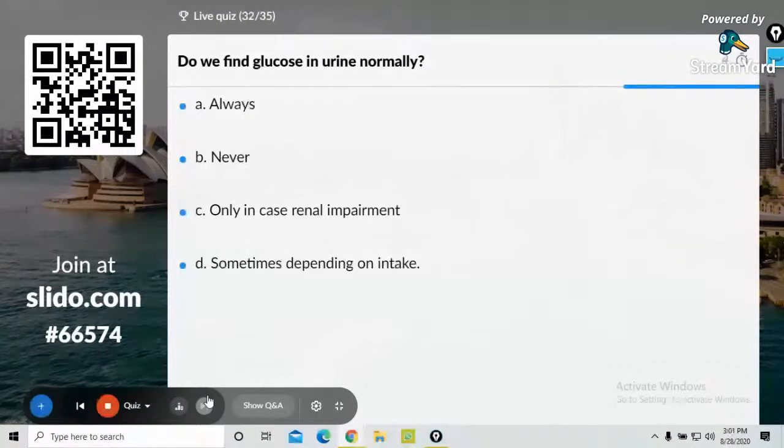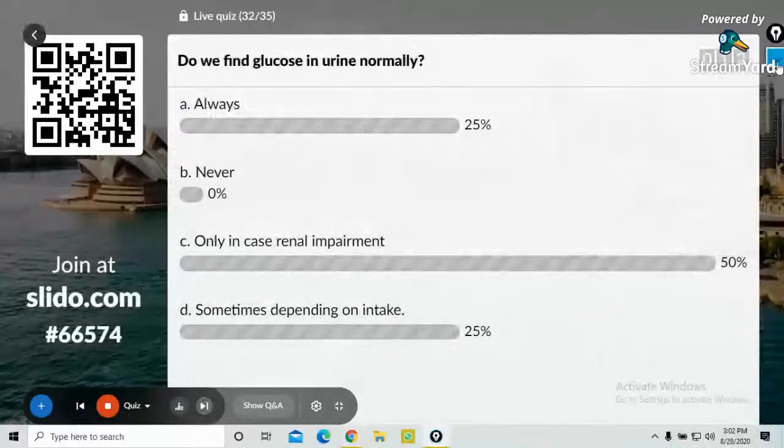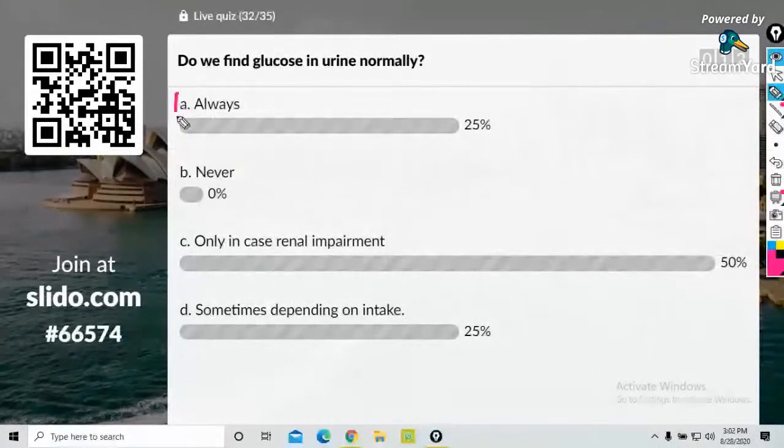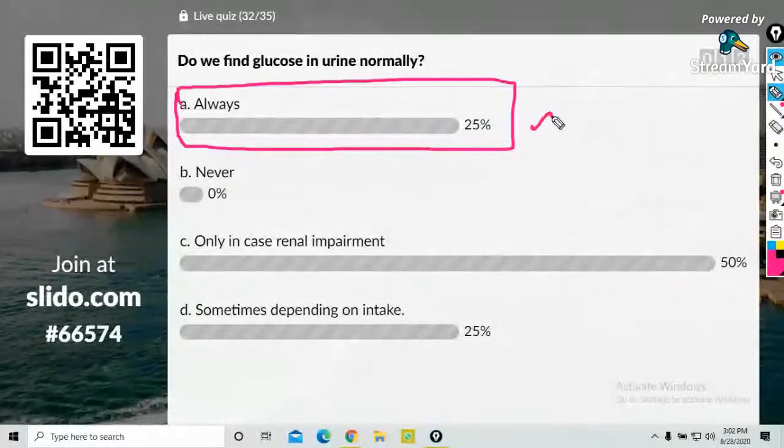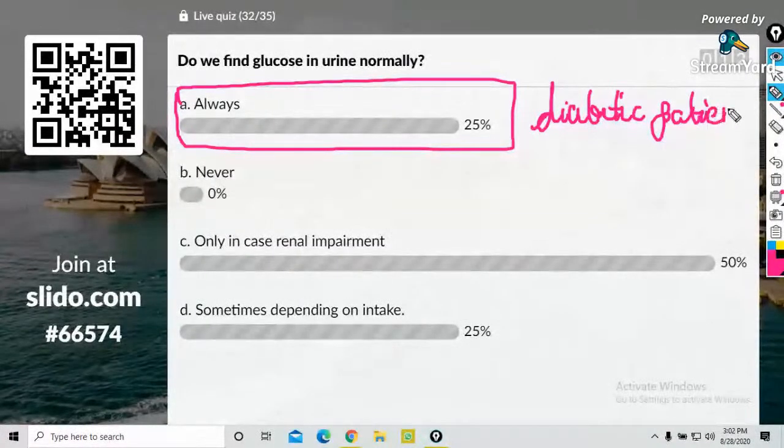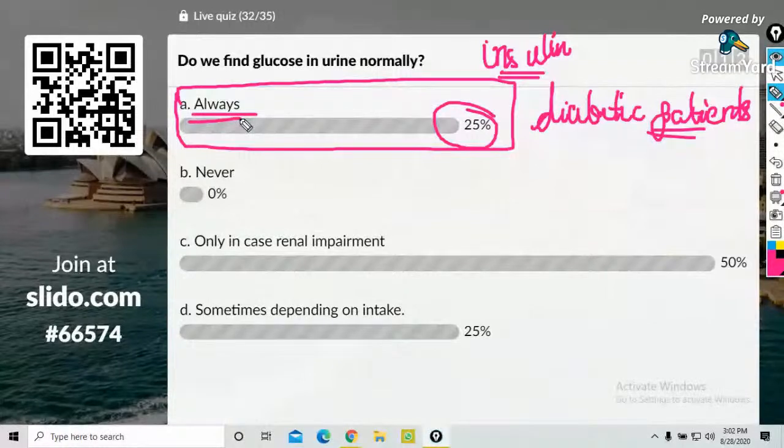In which condition do we find glucose in the urine? Those students who always find glucose in their urine, call yourself diabetic patients. Their body is not at all producing insulin, the hormone insulin. So this 25% of the students who answered that glucose is always there might be diabetic patients.